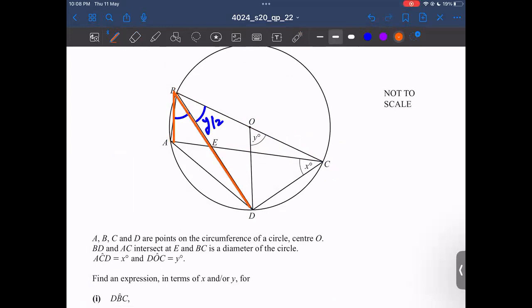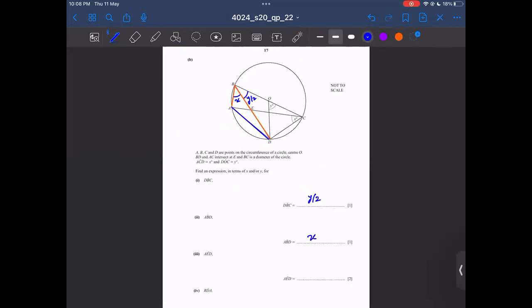So you can see in angle ABD, AD is the chord that makes the segment over here. The same chord is making an angle at the circumference at C as well. So both of these angles are going to be equal, with the help of angles in the same segment. So this is also going to be X, angles in the same segment.